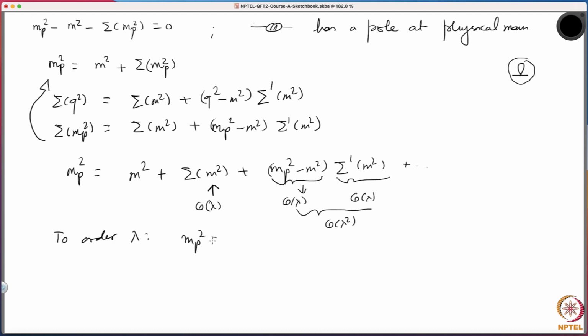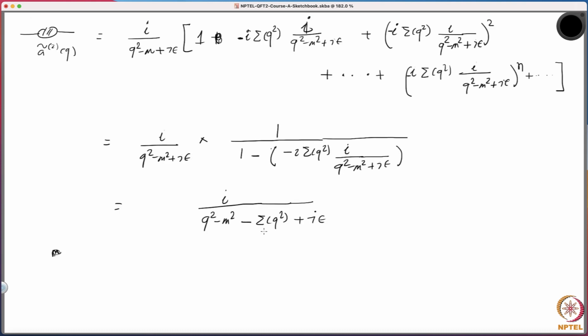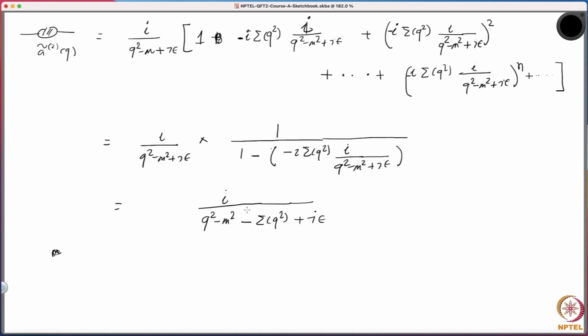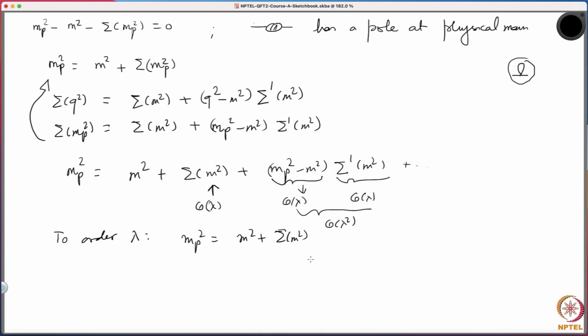So this is how you can figure out the physical mass, and to order lambda, mp square is m square plus sigma m square. All you have to do is look at the one particle irreducible diagram, calculate it at lowest order, and that gives you the shift in the mass, and that shift together with m square gives you the physical mass square.